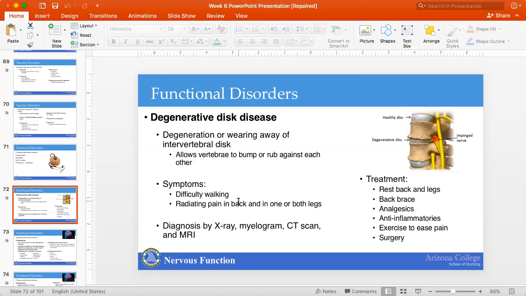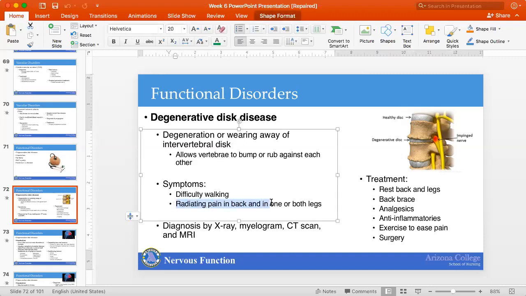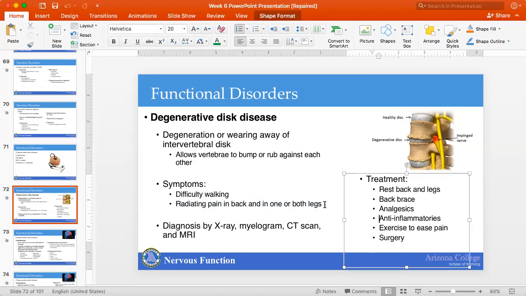Symptoms could be difficulty walking or radiating pain in the back and or both legs. If people have back pain, a lot of times I'll screen them and see where the radiating pain goes. Does it go down into the thigh or down to the foot? Do they have feelings of numbness or tingling?